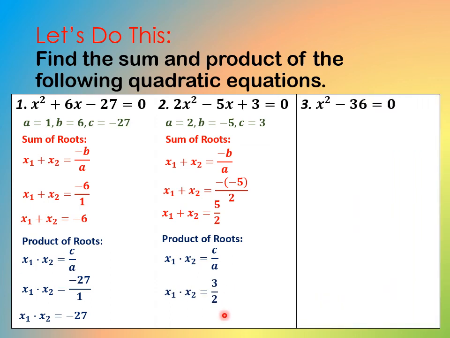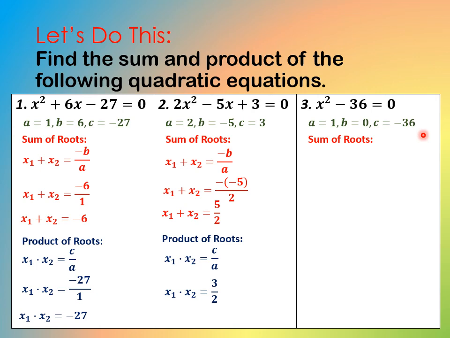Last one, number 3. We have x squared minus 36 is equal to 0. Determine the values of A, B, and C. A is 1, B is 0, C is negative 36. Sum of roots.